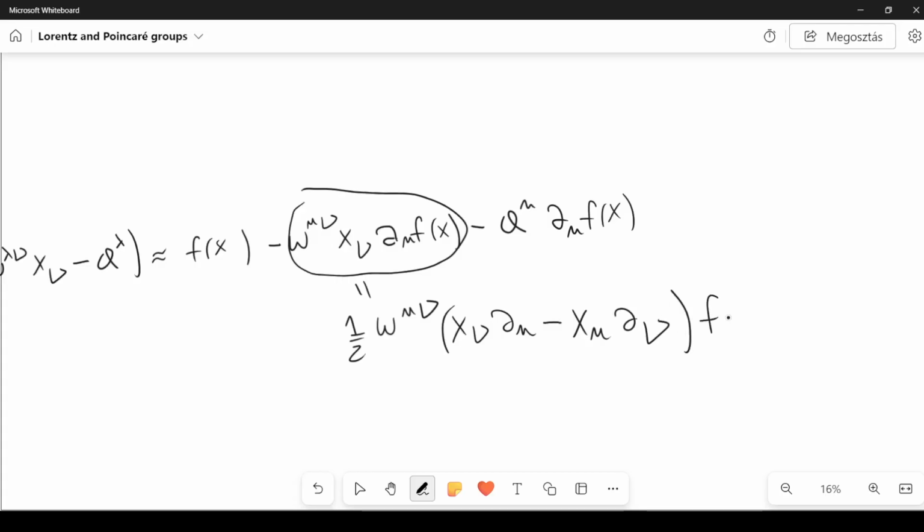And of course here we have f of x. Now, why did I do this and how can I do this? It's quite simple. If you check, omega mu nu is equal to minus omega nu mu. So here I have simply introduced the same term with a minus sign because we have changed the order of these two indices.